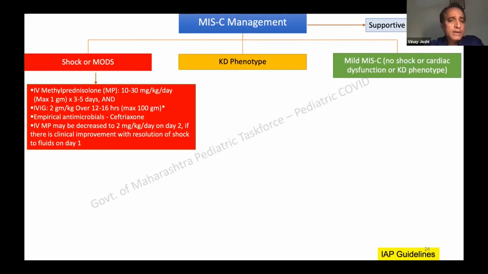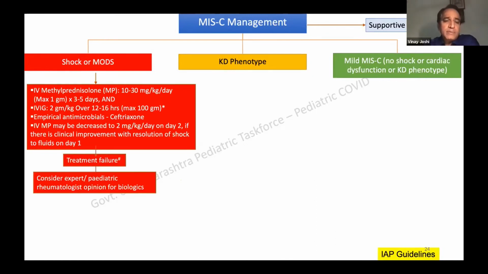We have to start empirical antimicrobials, and as we discussed, we prefer ceftriaxone. Remember that if the child responds to fluid therapy on day 1 leading to resolution of shock, then please decrease IV methylprednisolone to 2 milligram per kilo per day for the next 3 to 5 days and subsequently taper it off.